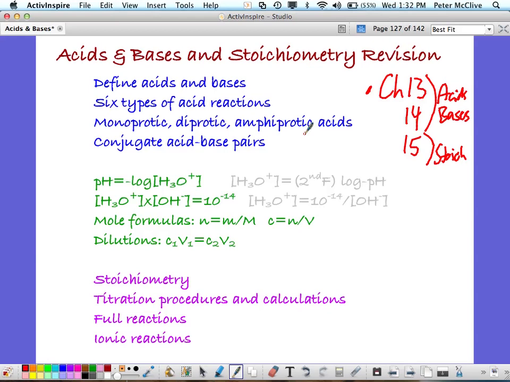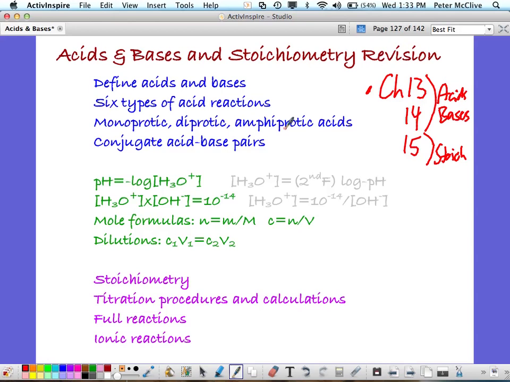Another good example is water. So H2O, it can give a hydrogen to become OH minus, so acting like an acid and giving it, or it can accept a hydrogen to become H3O plus. And so you'd say water is an amphiprotic acid. Actually, probably don't often use that term for water, but by definition it is.